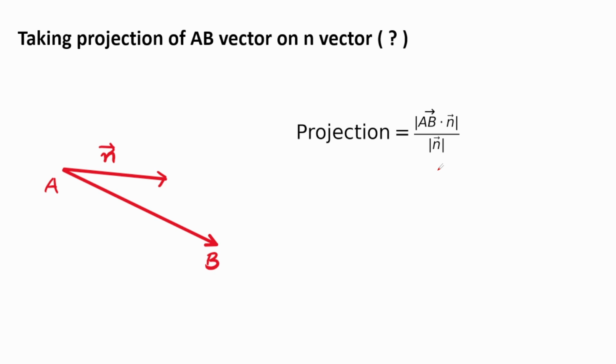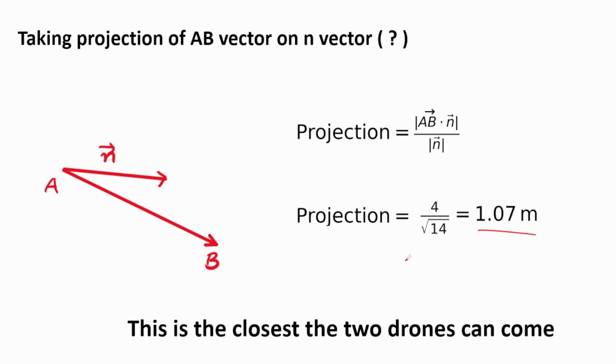AB vector is the position vector of point B minus the position vector of point A, and n vector is as we calculated earlier. Taking the dot product and taking the modulus, we have the projection or the closest distance as 4 over root 14, which is approximately equal to 1.07 meters. Now this is the closest distance between the two drones. Therefore the two drones will never collide with each other.